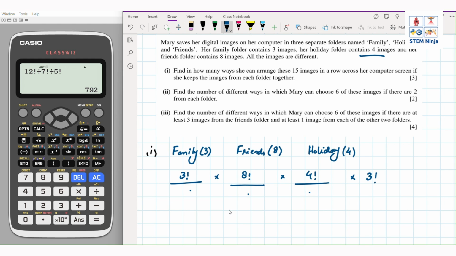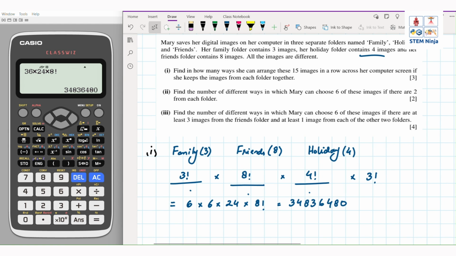So basically that would be simply equal to 3 factorial is 6, times 6, times 4 factorial is 24, times 8 factorial. So 6 times 6, 36, times 24, times 8 factorial, that would be 34836480.